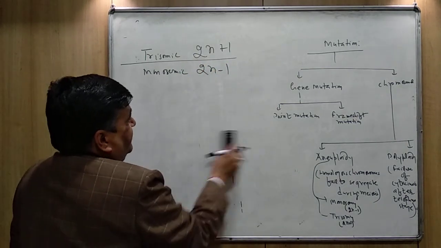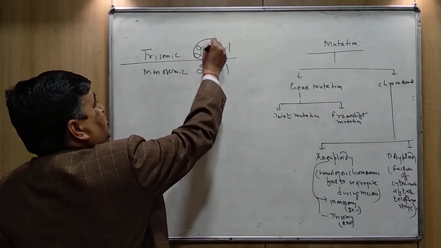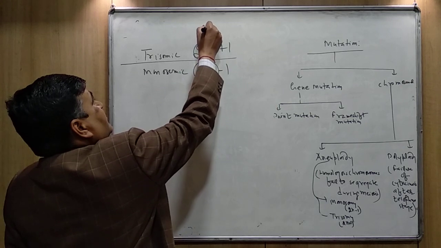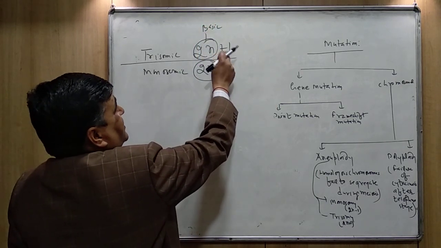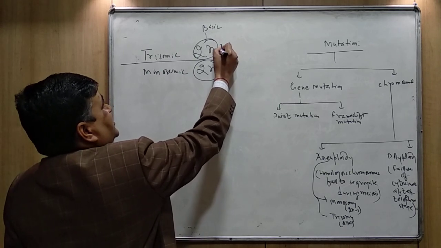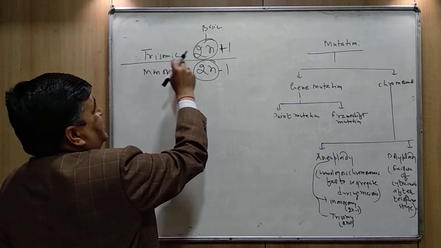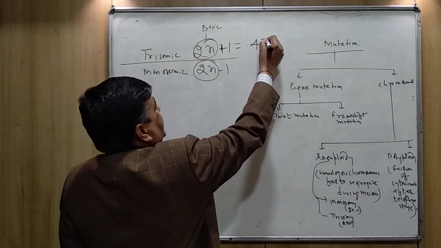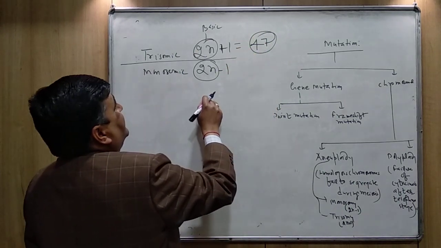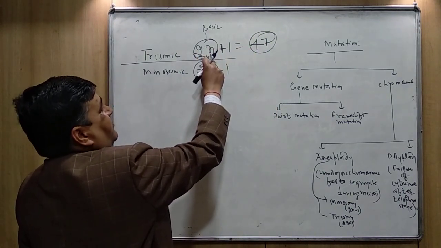Our basic set is 2n. Due to the chromosomal mutation, one chromosome is going to be added here, and this condition is called trisomic. How many total chromosomes will be there in the trisomic condition? 47. As you know, 2n, the normal number of chromosomes, is 46.